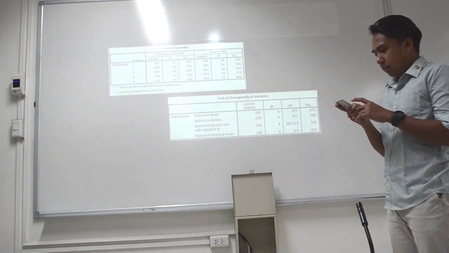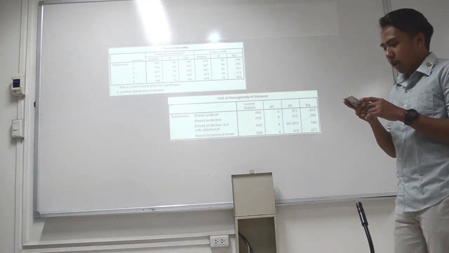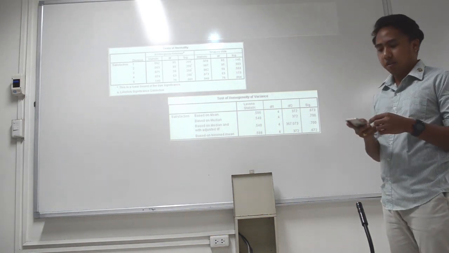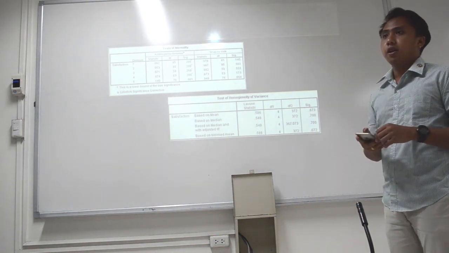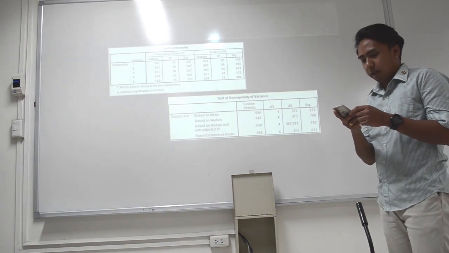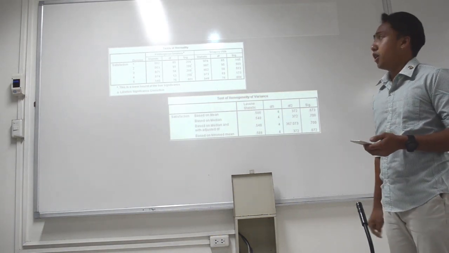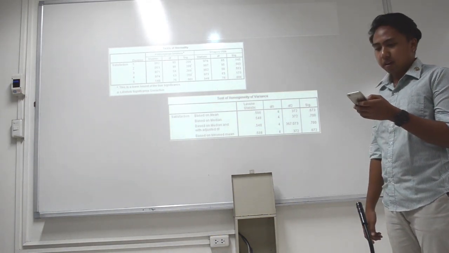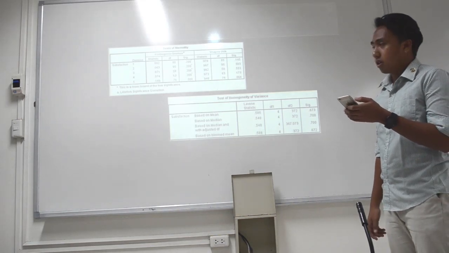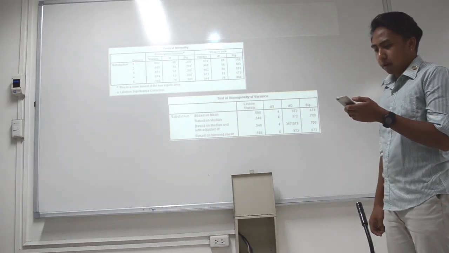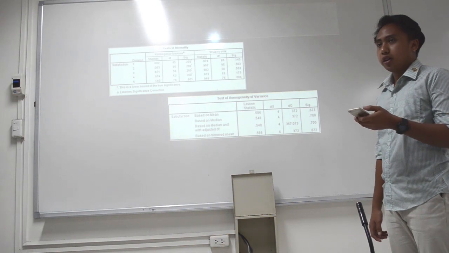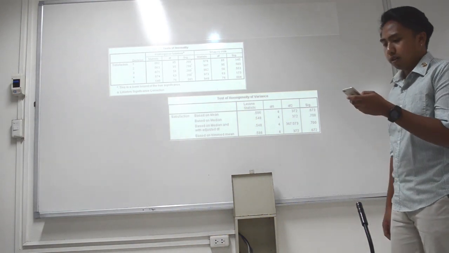Then there is only one independent variable, which means the divisions, and the type of independent variable is categorical because it is words only. And the number of categories in the independent variable is more than 2.